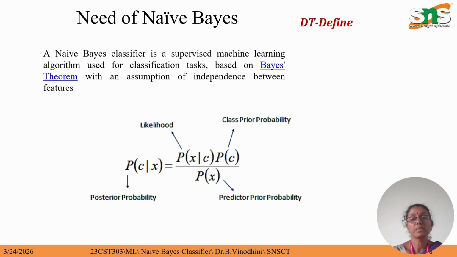The naive Bayes classifier finds the posterior probability from the prior probability and the evidence. So P(C|X) is equal to P(X|C), the likelihood of the particular event, times P(C), the prior probability of the class, divided by P(X), the prior probability of X. This is the main formula used for naive Bayes classification.